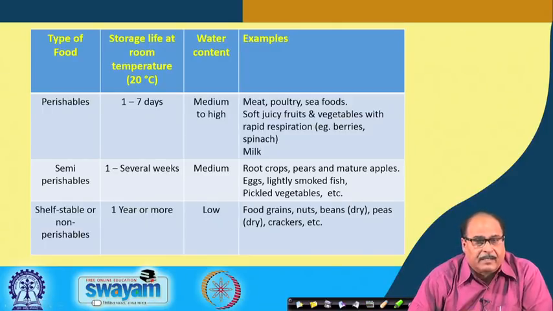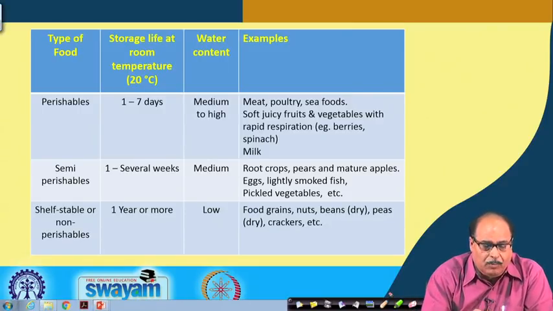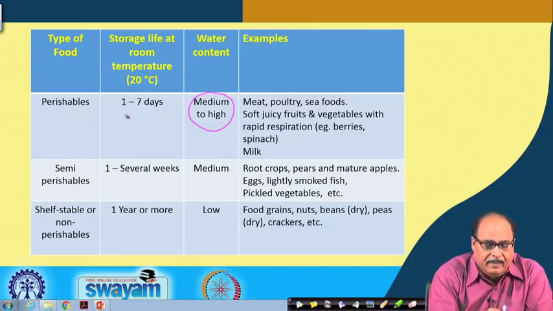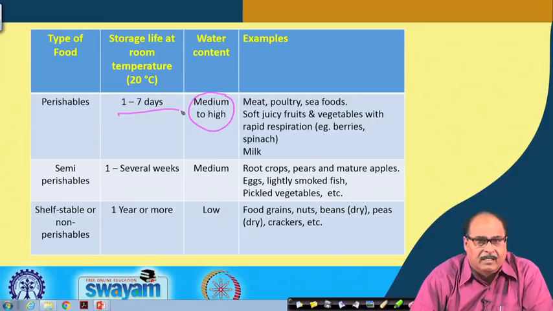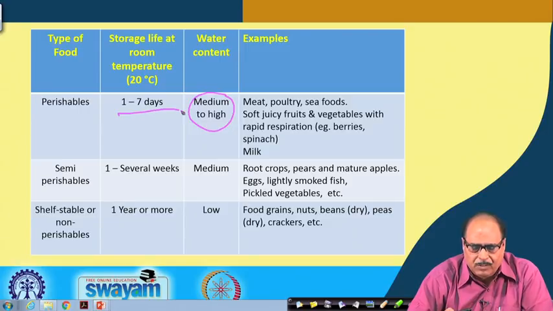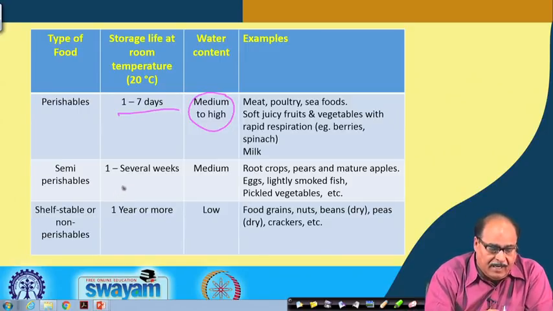Here, in this table, I have again shown you that perishable foods have medium to high moisture content. They can be stored for 1 to 7 days at room temperature under ambient conditions. The examples are poultry, seafoods, milk, juicy vegetables etc. On the other hand, semi-perishable foods contain medium water content.